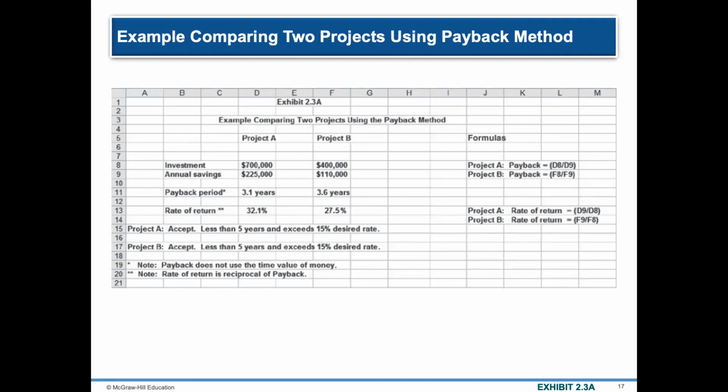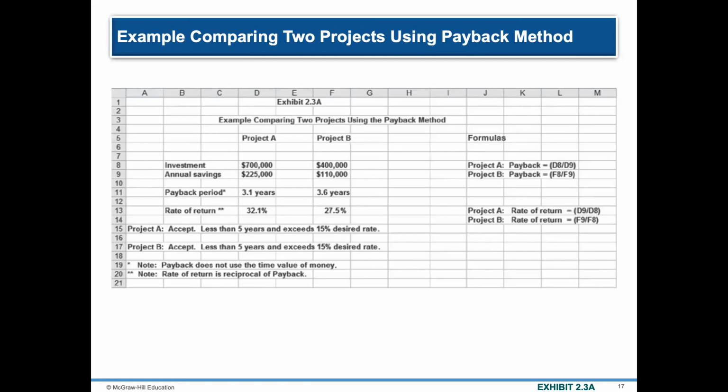Now, why is that the case? Project A has a shorter payback period compared to Project B. So Project B has 3.6 years of payback period, whereas Project A has 3.1 years only.